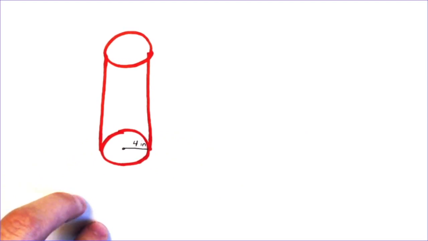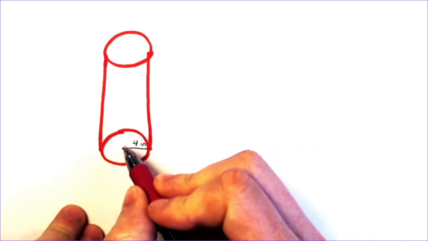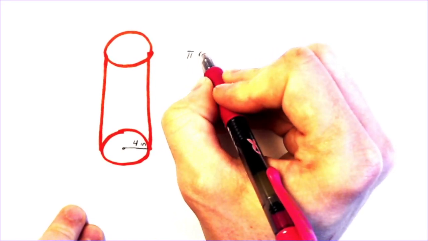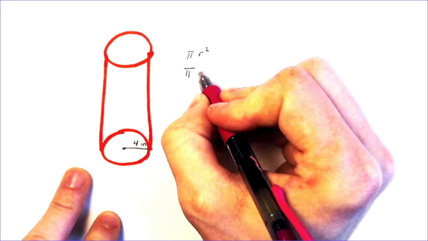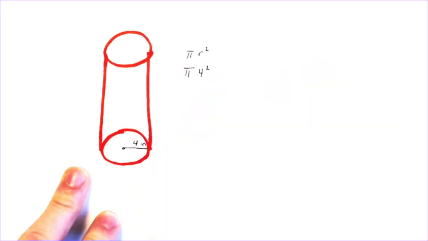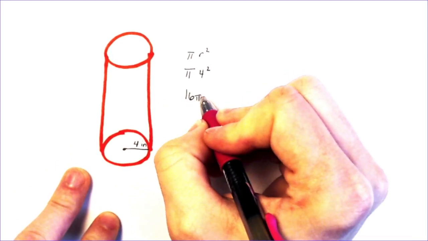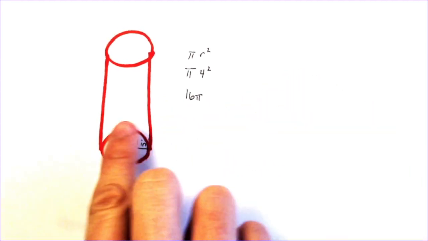So this would be like a pie dish or something like that, that would be stacked high. And we need to first find the area of that circle. And the area of the circle, any circle, is pi r squared. In this case, it'd be pi times 4 squared, which is 16 pi. So that's the area of the circle, 16 pi.